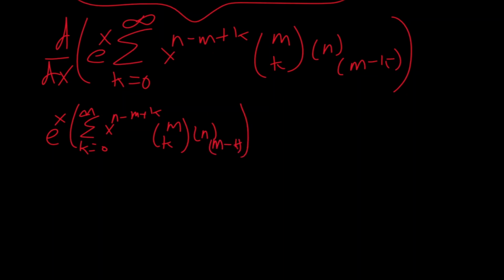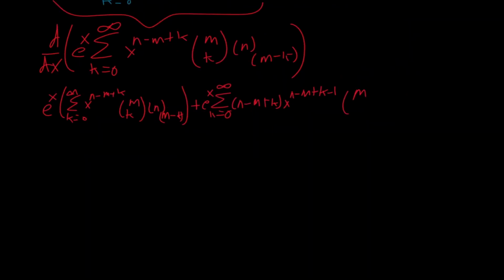And then we have to differentiate our x. So we have plus e to the x, and this will be inside the sum, the sum from k equals 0 to infinity of n minus m plus k, times x to the n minus m plus k minus 1, then m choose k, and then n falling factorial m minus k.